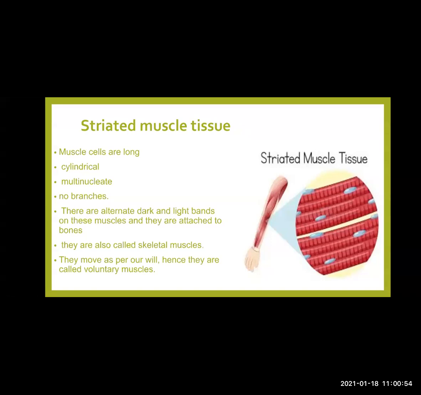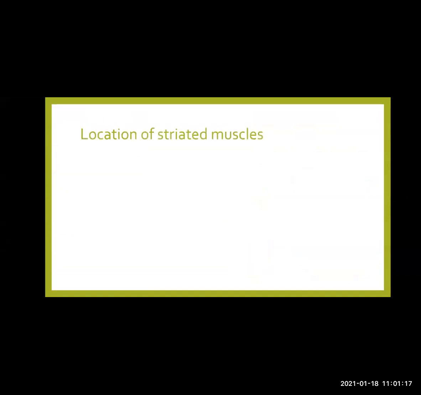The striated muscles move under our will. That is, when we feel like walking, we can walk. When we feel like sitting or writing, we can do that particular activity. So that is under our control. Hence, striated muscles are also called voluntary muscles.